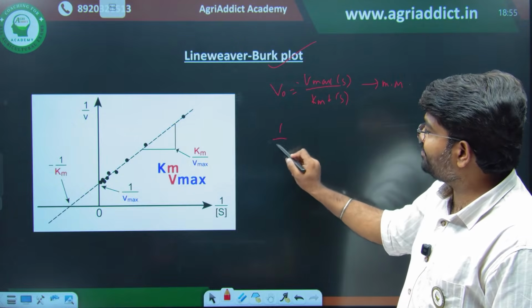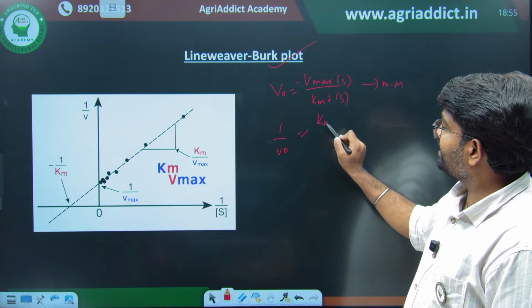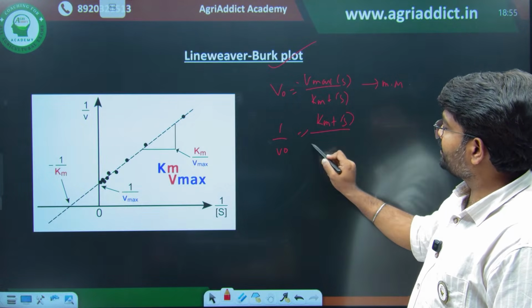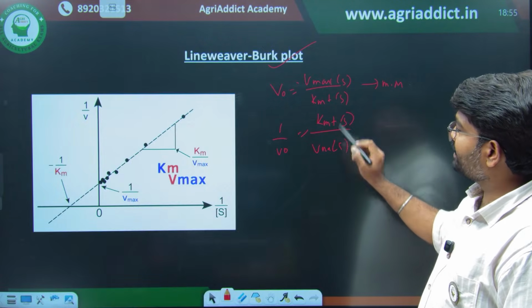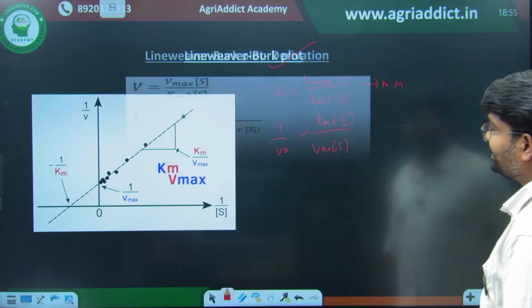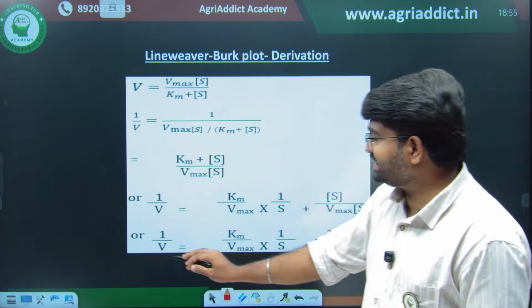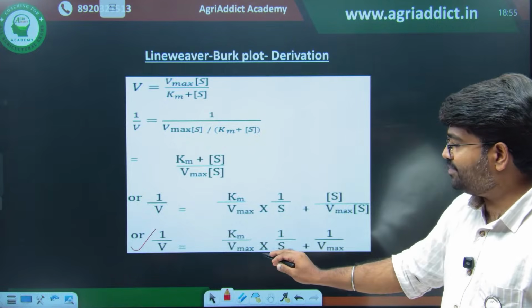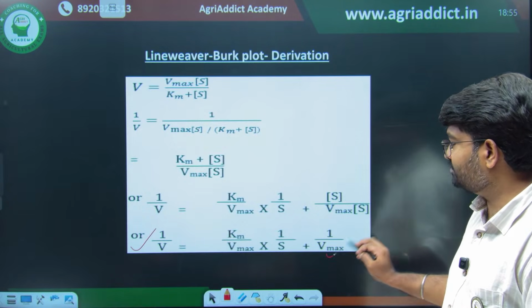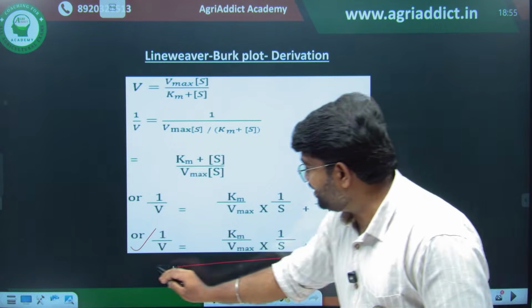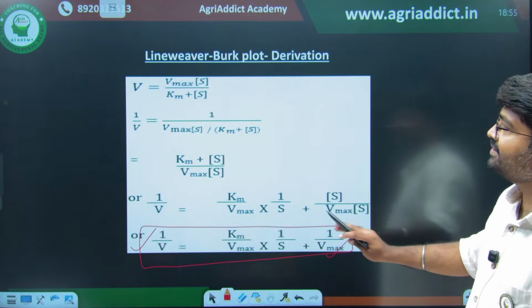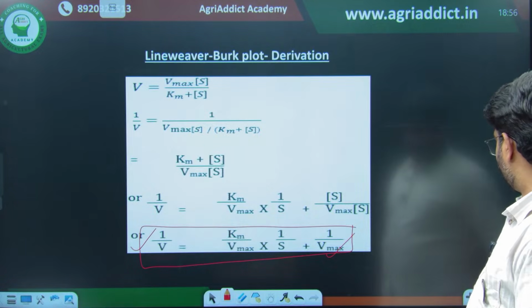So 1 by V0 equals Km plus S by Vmax times S. If you derive the equation, we get 1 by V0 equal to Km by Vmax into 1 by S plus 1 by Vmax. This is the double reciprocal plot, which we call the Lineweaver-Burk plot.